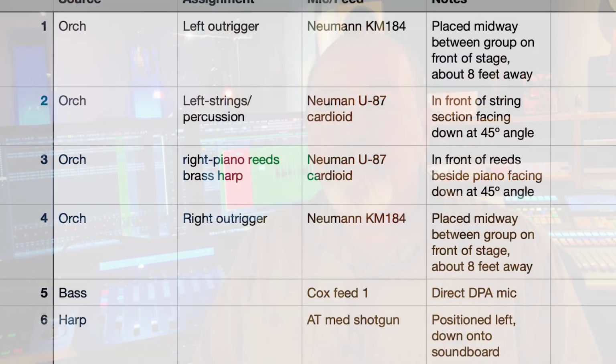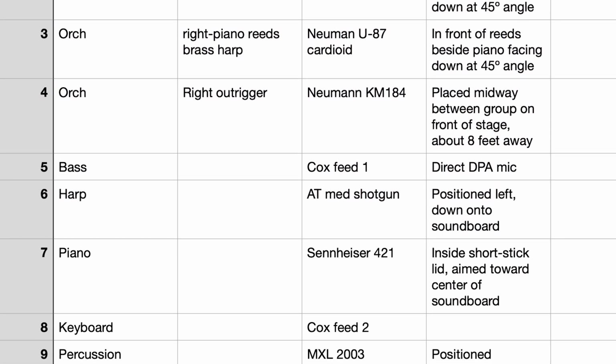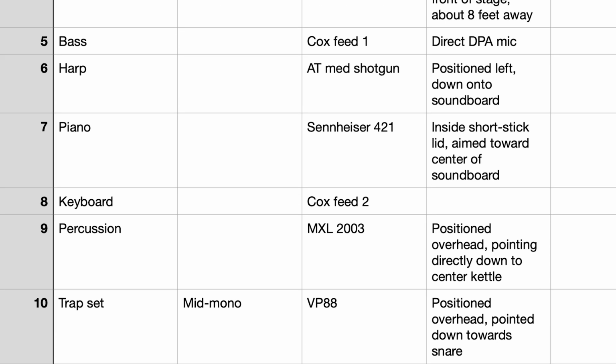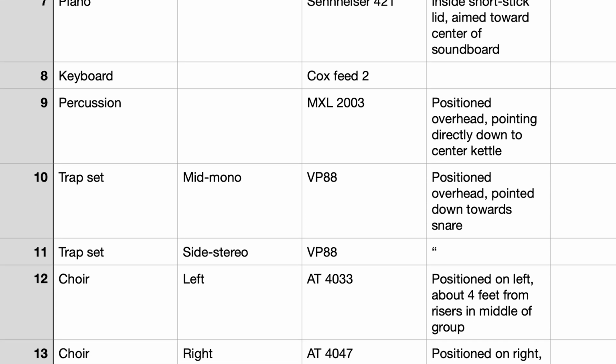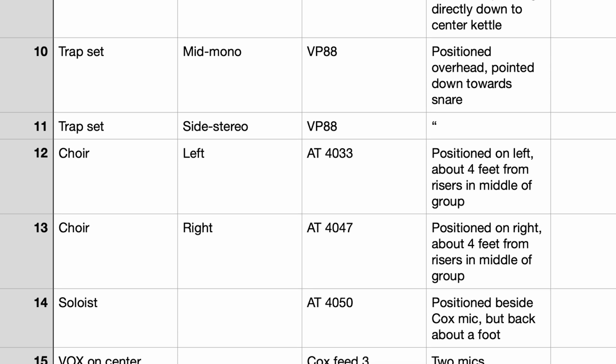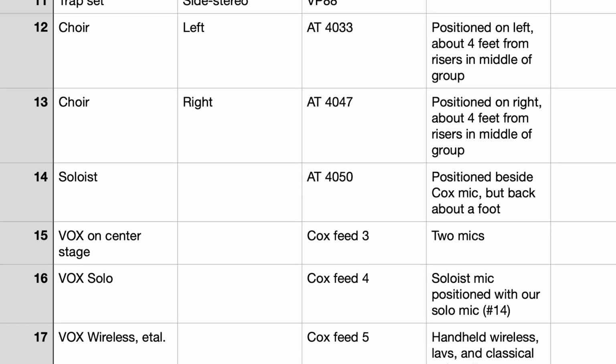Let's first step back a moment and talk about why you should start every production with a plan. Most of the time, you will have some idea of how complicated a project will or won't be. A simple singer-songwriter session with one voice and one guitar may never grow beyond a few tracks, but even it can benefit from organization.